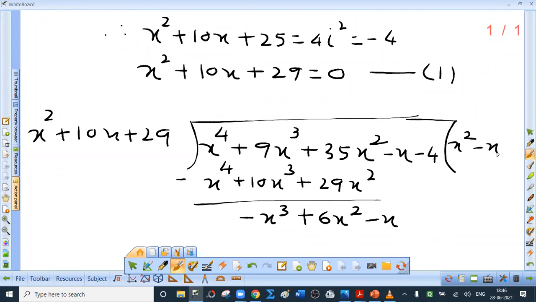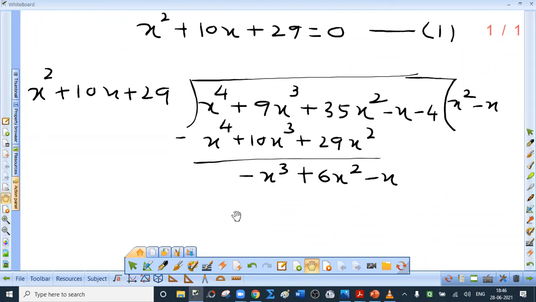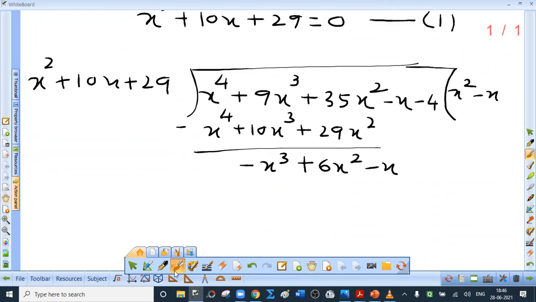So x square minus x. Multiply these 3 terms by minus x. So minus x cube. See, we have to take care of this one. This should get cancelled. Not sure about the remaining 2. They may or may not get cancelled. Then minus 10x square minus 29x.